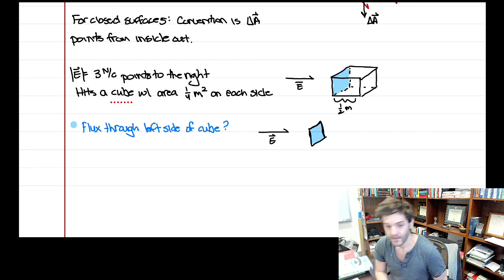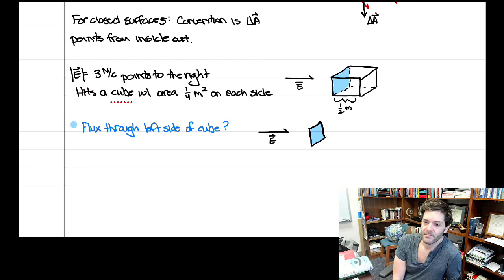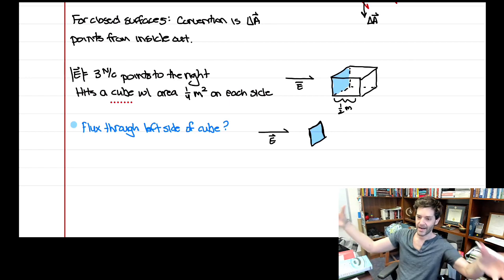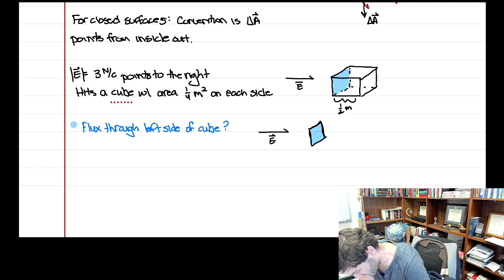And then I'm going to stick with my convention above, where I'm going to define the area vector as pointing from the inside of the cube out. So the vector for the area, let's use a different color, might be something like that.